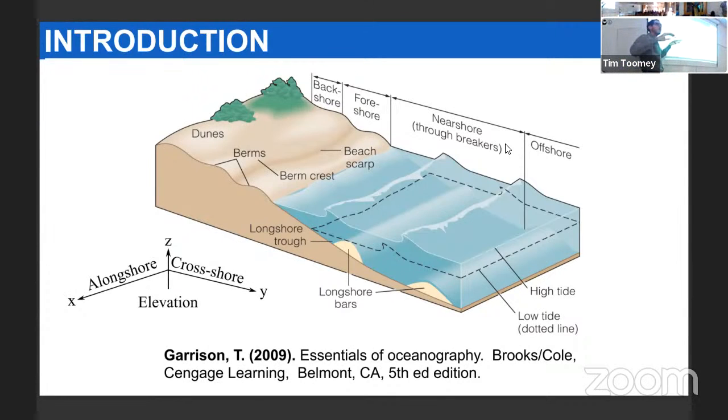Then, when another event comes with energetic wave conditions, waves break here because the depth is shallow enough, and they do not break here, so energy is dissipated here and sediment is not moving. So the message is that it's quite complicated to model all the sediment transport that gives rise to this change of shape.